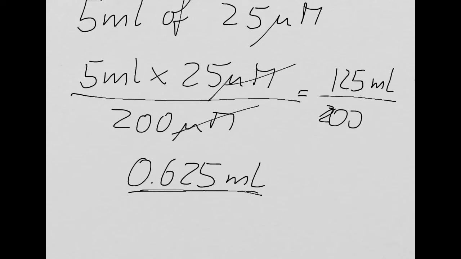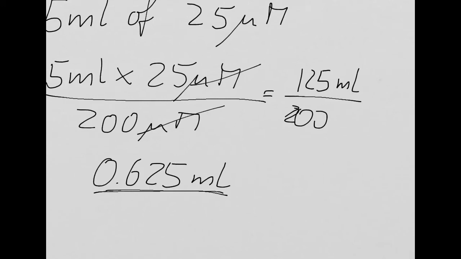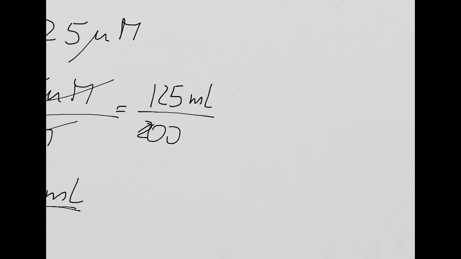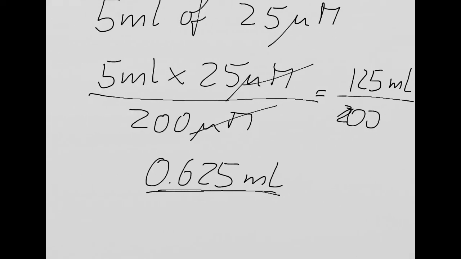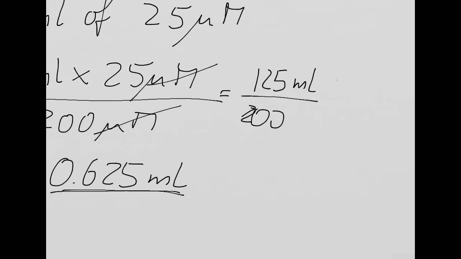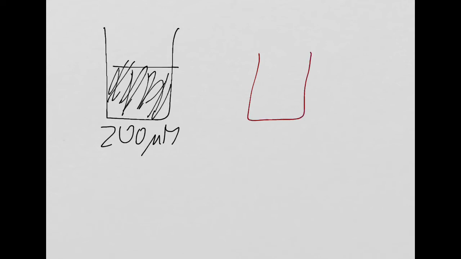So, coming back to our little model that we had. Here's our stock. And the stock was 200 micromolar. And here is our solution. We have 5 milliliter of our diluted solution.